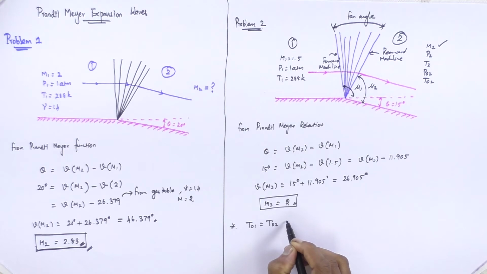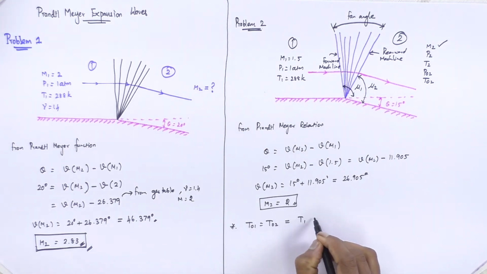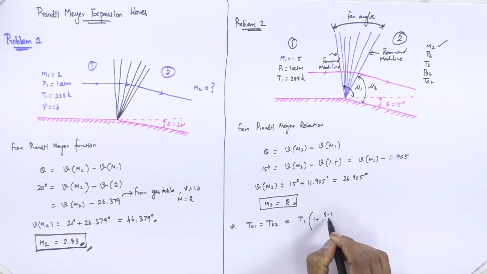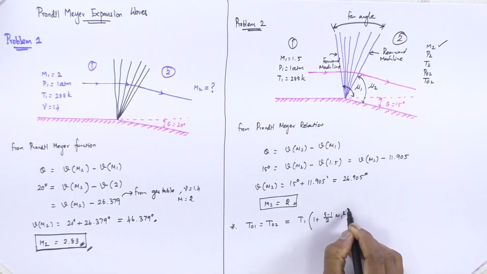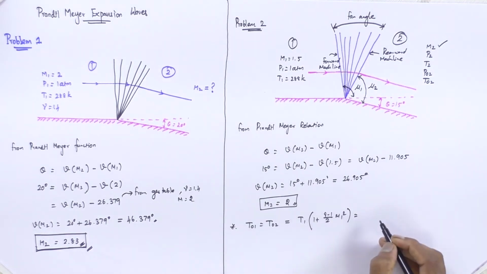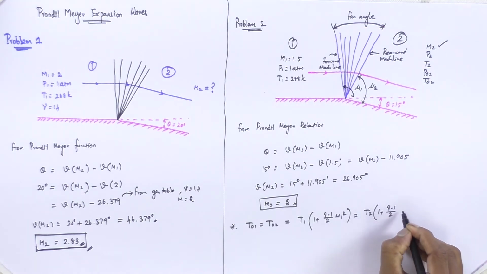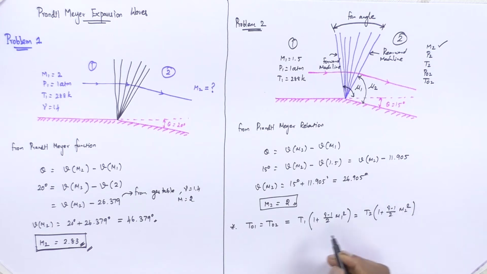From the stagnation isentropic relation, T01 can be written as T1 into 1 plus (gamma minus 1) by 2 M1 square. Similarly, T02 can be written as T2 into 1 plus (gamma minus 1) by 2 M2 square. Here we know the values of T1, M1 and M2, so we can easily calculate the T2 value from this relation.